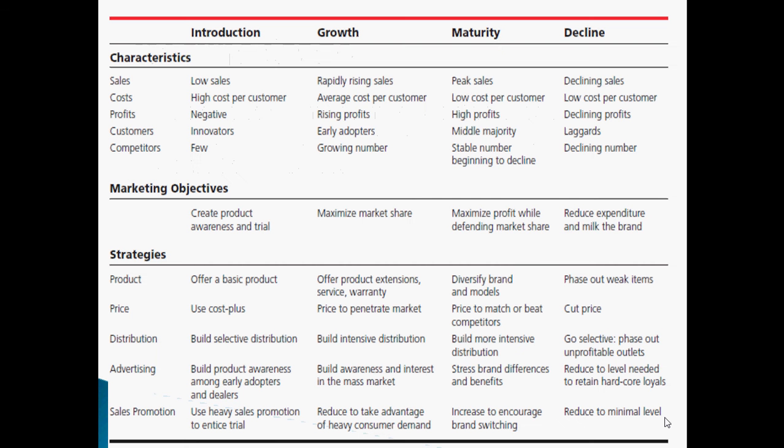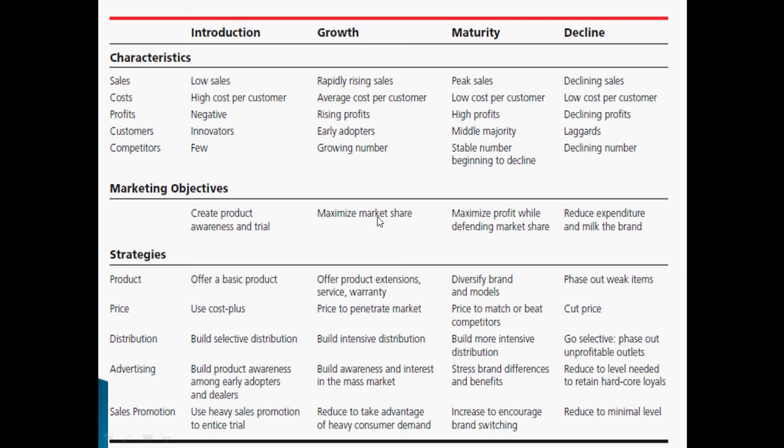Here now is a graphical presentation of the characteristics of the different stages in the market cycle. Please know them. Also, the marketing objective of introduction is to what? Create product awareness and trial. The marketing objective of growth is to what?